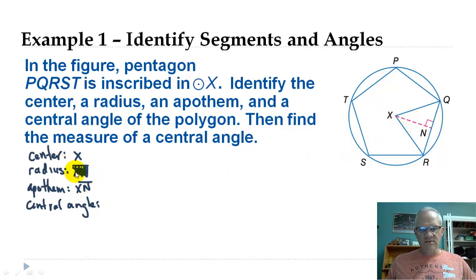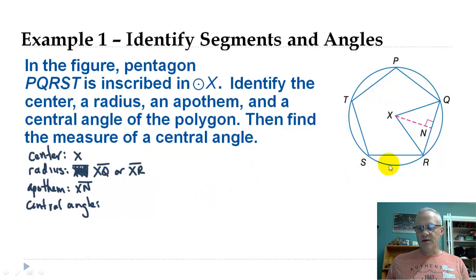The radius, remember the radius, that's talking about the circle, so it's going from X to Q, or you could also say X to R. All that apothem joke stuff got me thrown off my game there. So anyway, the radius is XQ, or XR would also be a radius there.